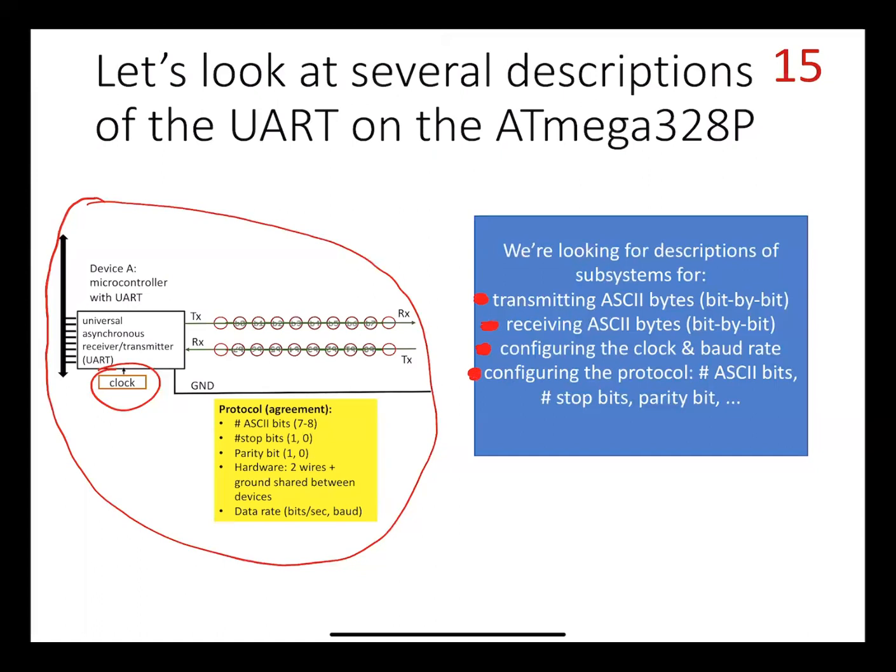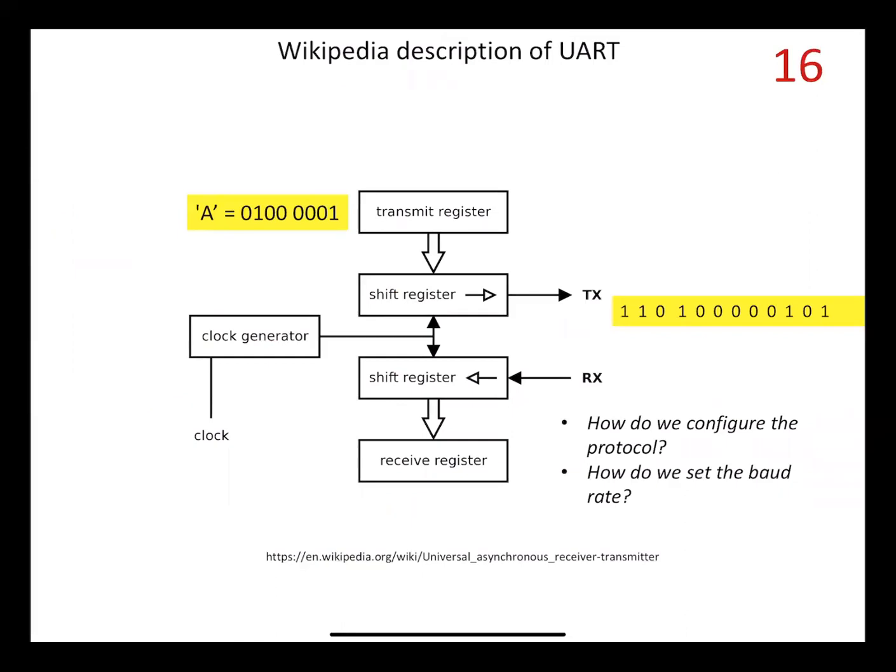So first, we want to get a high-level description of the system, and then we have to figure out how to code it and how to set it up. So I'll start out with this picture of a UART from Wikipedia. Now, this is an oversimplified description, but it gives you a sense. So we have our transmit register. We may start out with our letter A, and what we want to do is get that from memory somehow and load that into a transmit register.